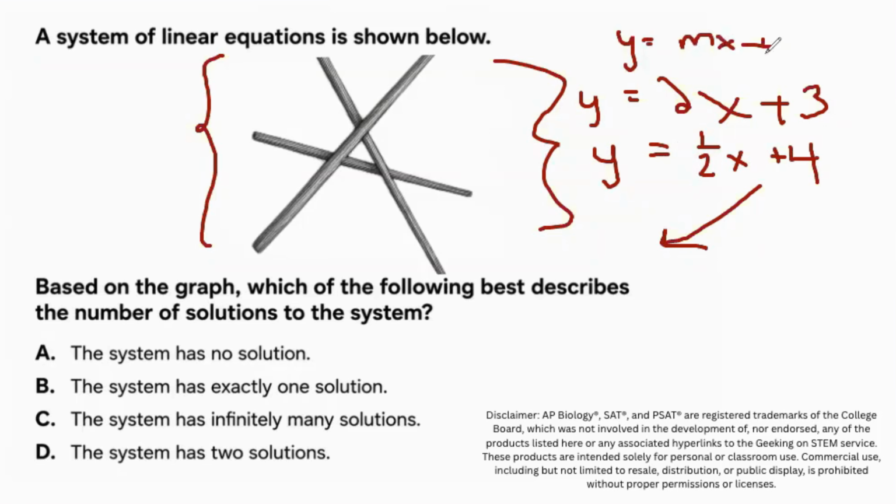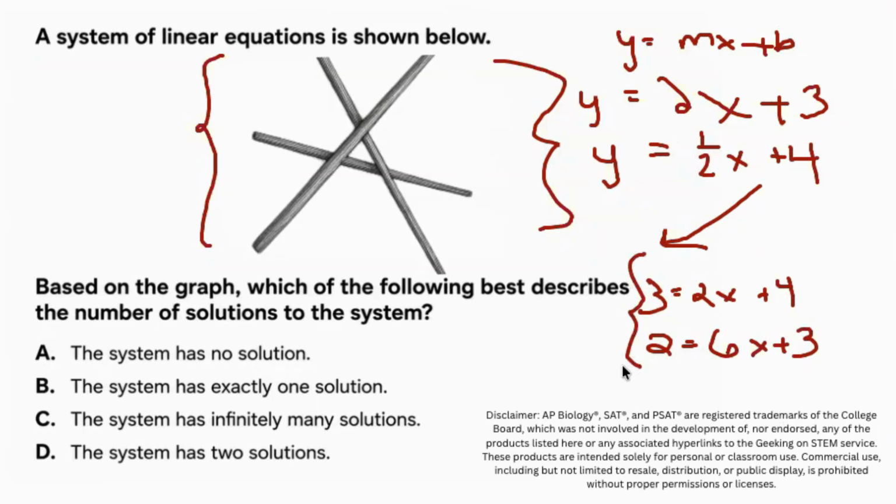I just want to note that as a disclaimer. Or you could see something like 3 equals 2x plus 4, and then 2 equals 6x plus 3. The goal of this problem is just to show you the different formats that you potentially could see, where you can directly plug this into Desmos as long as you get into this format.